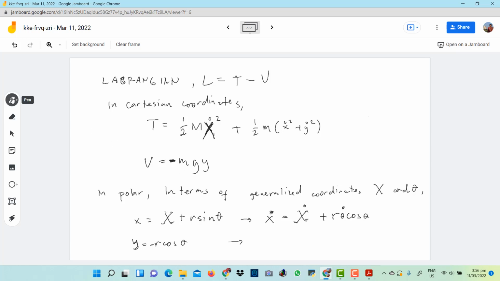Okay. So, that's the derivative of small x, r theta dot cosine theta, while your y dot is just equal to r sine of theta dot.